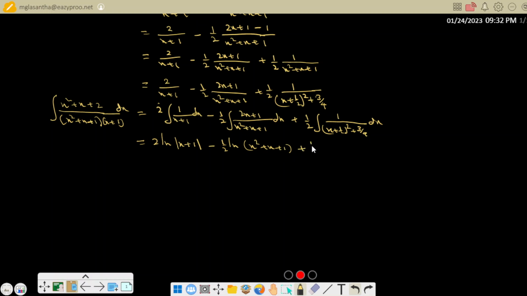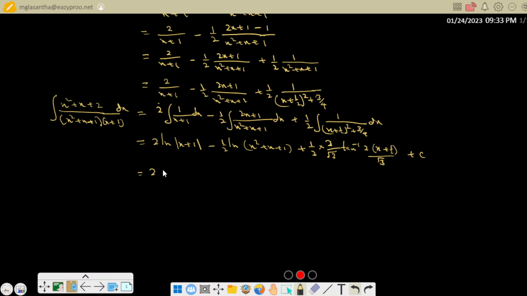This is tan inverse: half into 1 over root 3 by 2, tan inverse of (x plus half) over root 3 by 2.